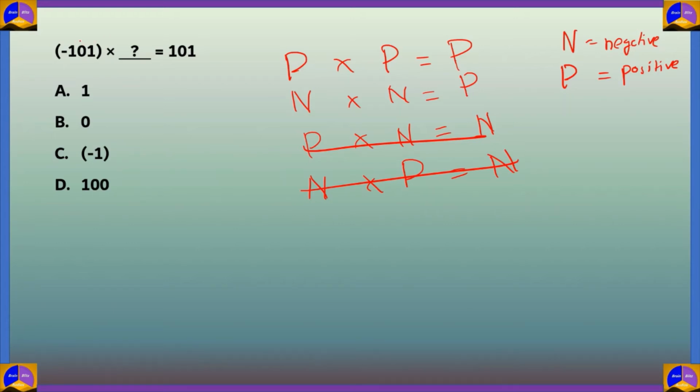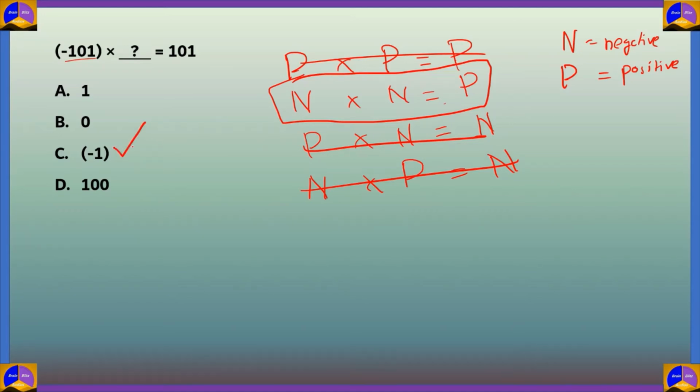Now we already know one of those, which is minus 101. So the only one with negative is negative times negative is equal to positive. So we'll use this formula. Now that means there must be a negative number in the space below. Now the only negative number in all options is option C, minus 1.